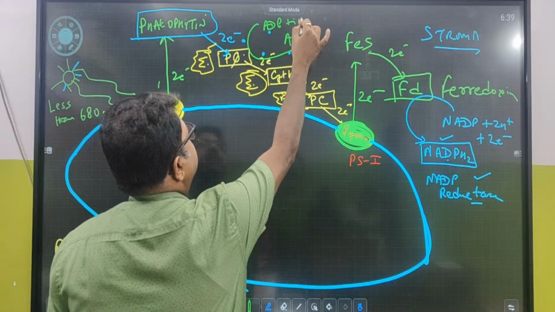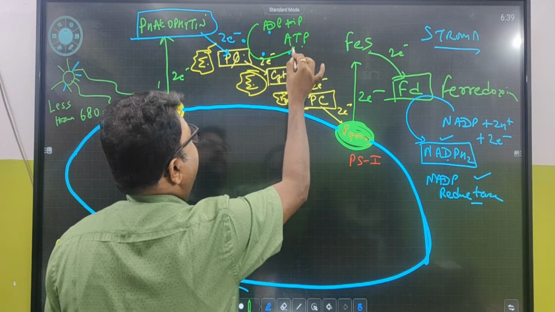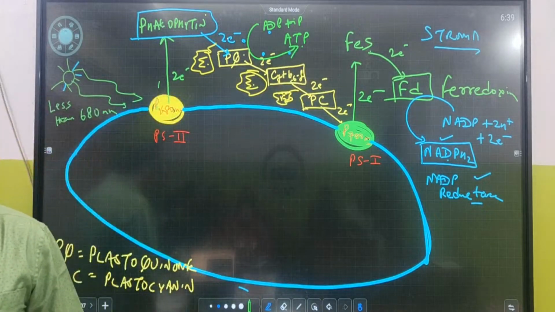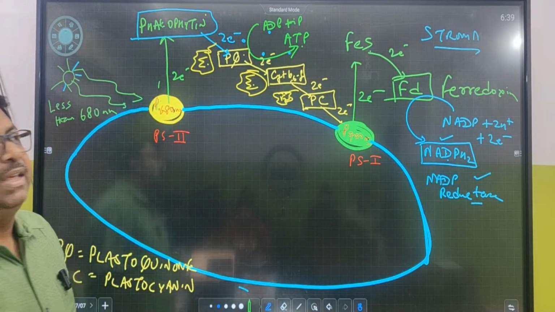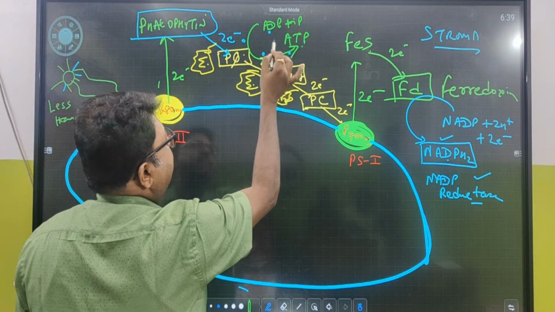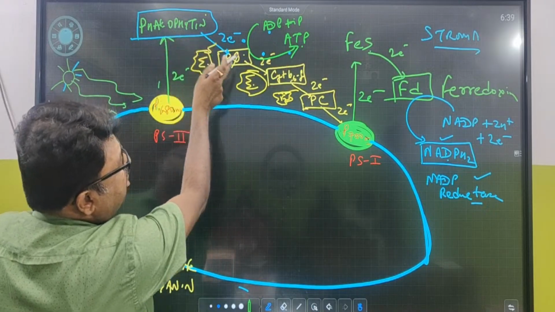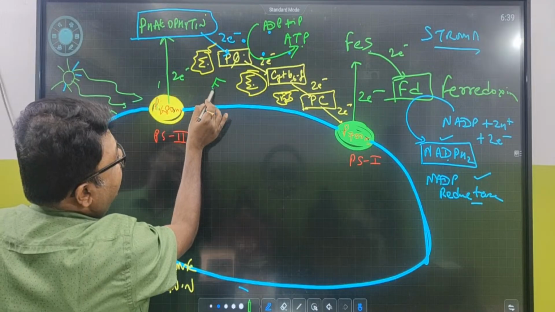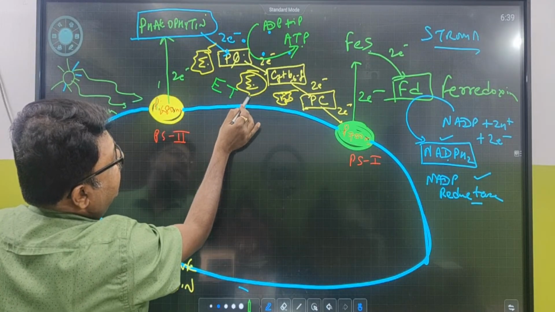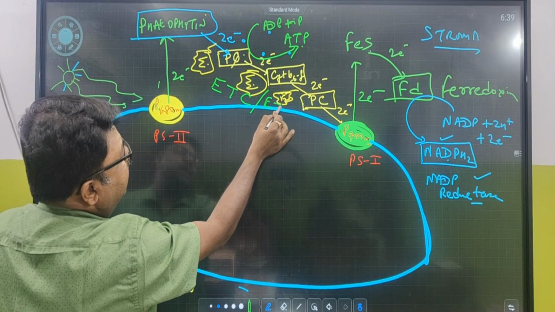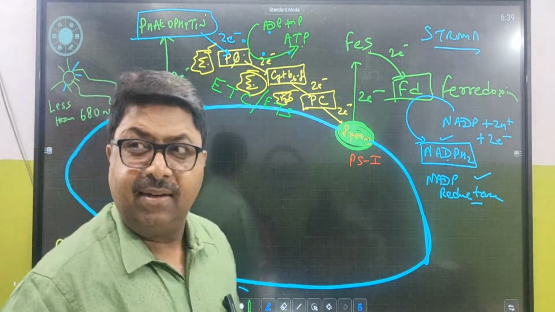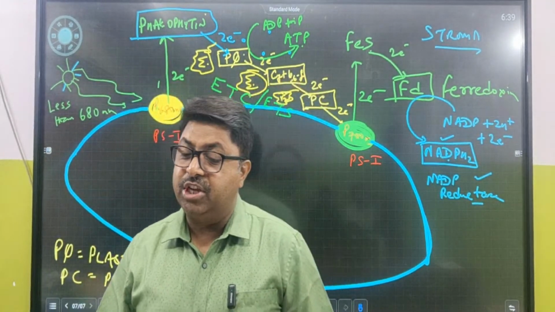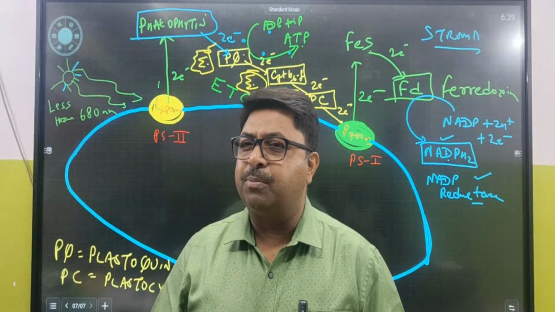ADP plus Pi is going to make ATP. Now this ATP, formed by this electron flow, this whole downhill concept is called ETC or ETS. What is that? Electron transport chain or electron transport system.